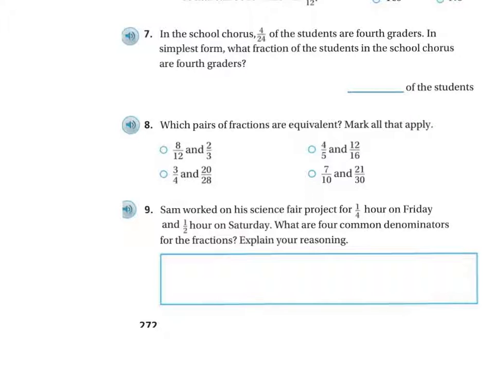Another term for simplify would be to reduce. So we have 4/24, and we're going to think what number or factor would divide evenly into the numerator 4 and the denominator 24.